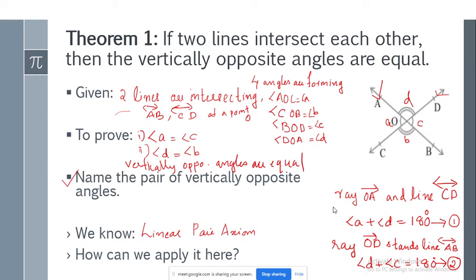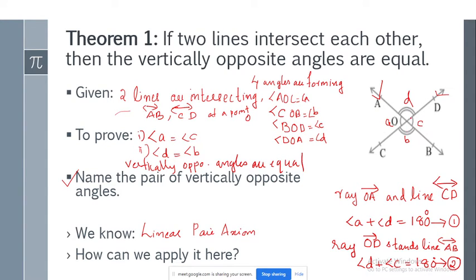Now we already know the linear pair axiom. Using axiom 1, which states that if a ray is standing on a line, then the sum of the adjacent angles will be 180 degrees, we considered a ray OA and a line CD, and got that angle A plus angle D is 180 degrees.